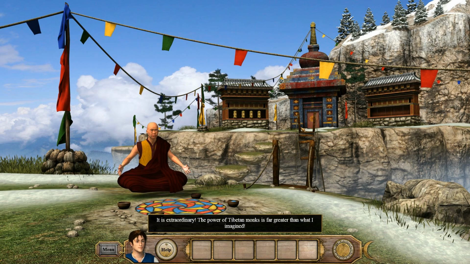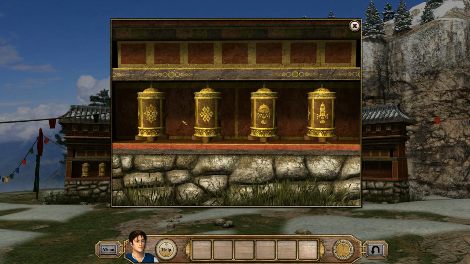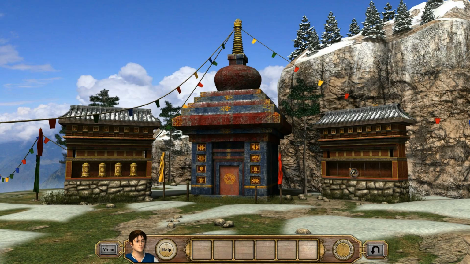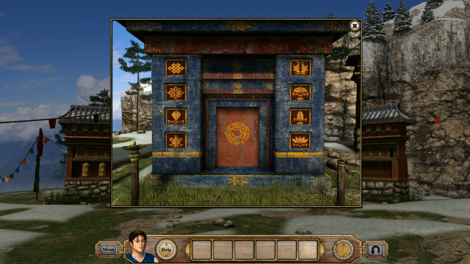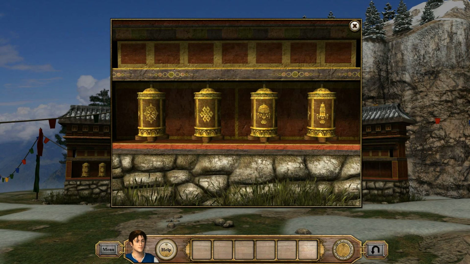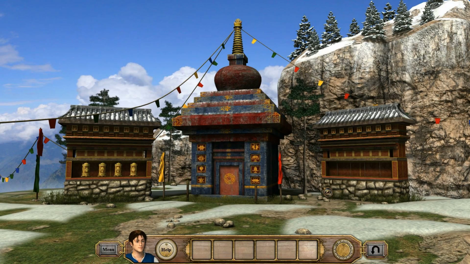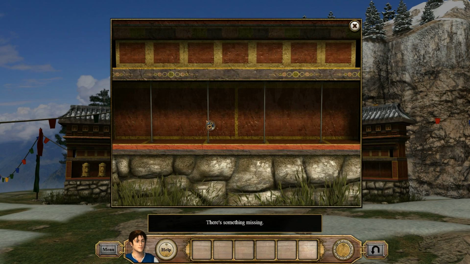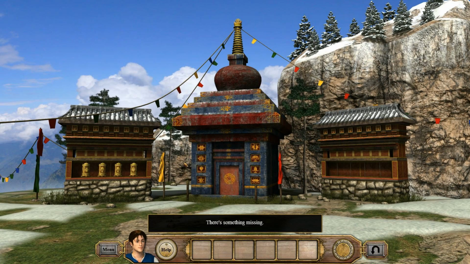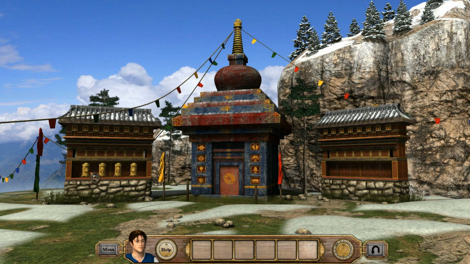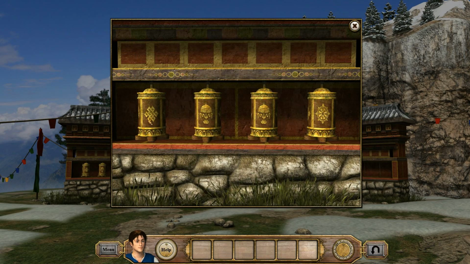Ooh, floaty. I don't know. Right. So if I go over here... Oh, they're spinny things. I mean, there's something missing. Yes, well done. So I assume it's going down.